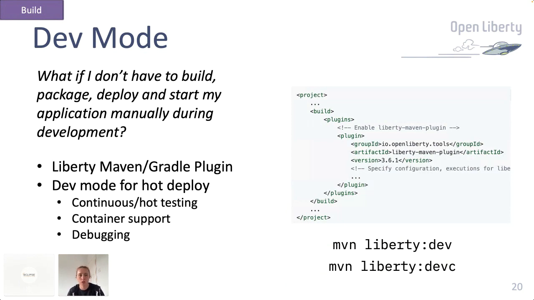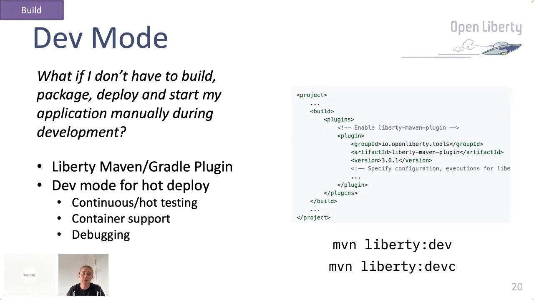So in order to utilize dev mode, you can use various different commands. In this case, the commands I've got here are for Maven, just because in the majority of our demos we tend to use Maven, but you can also use Gradle, or if you really want to, Ant, it's up to you. But for dev mode, we've got Maven and Gradle, and the command is just instead of Liberty Run, you'll be using Liberty Dev.